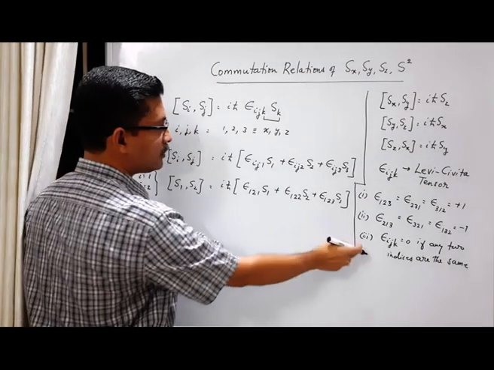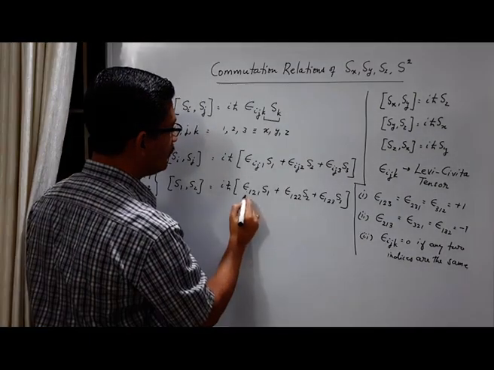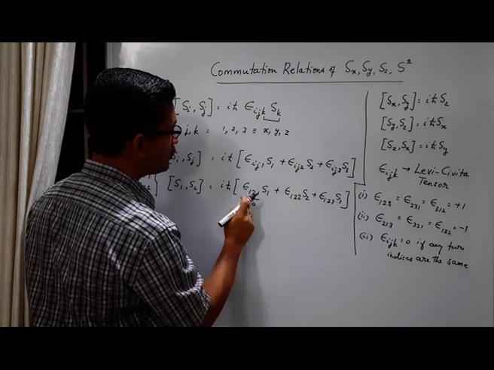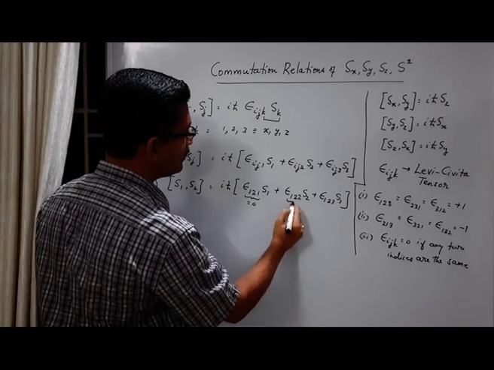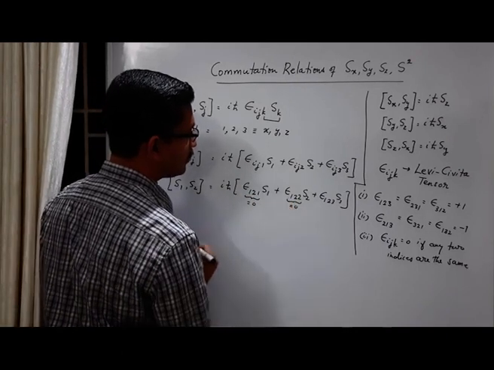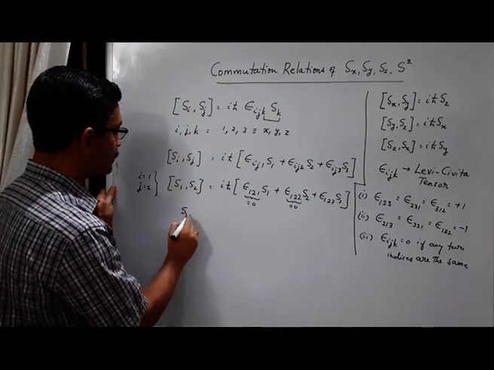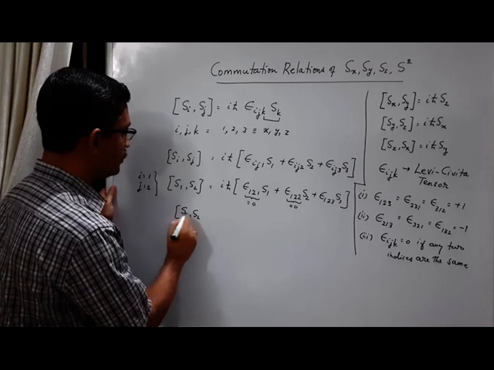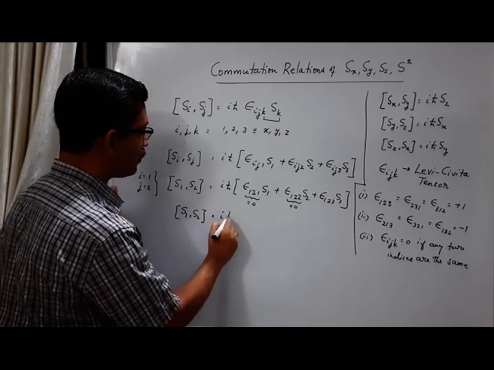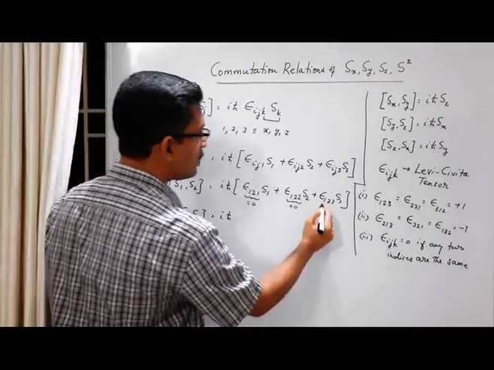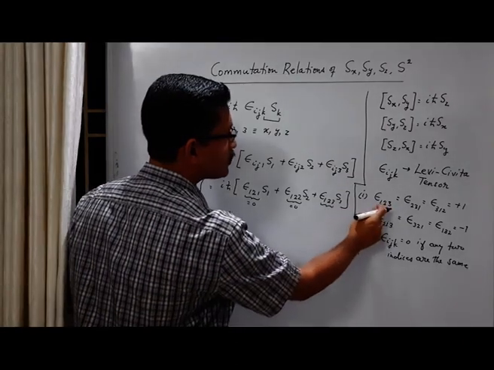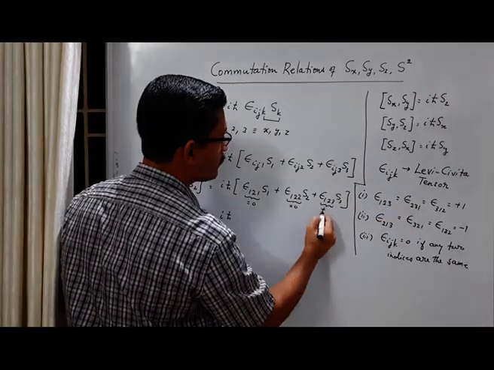Now according to the third property, this term will be 0 because two indices are the same. This term will be 0 because two indices are the same. Only this term will be non-zero. So what you get? S1 comma S2 is equal to i h cross. What is this epsilon 1, 2, 3? According to the first property, epsilon 1, 2, 3 is plus 1.